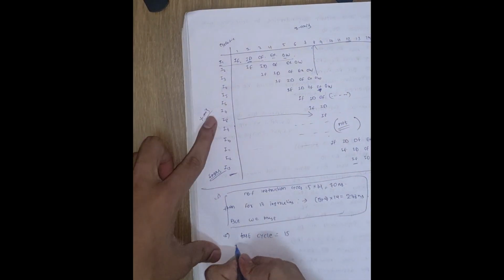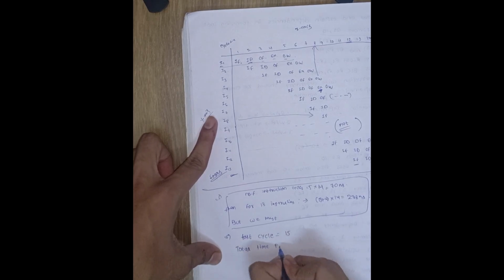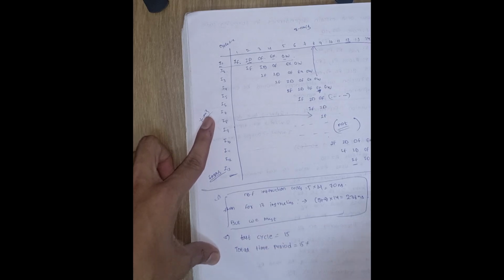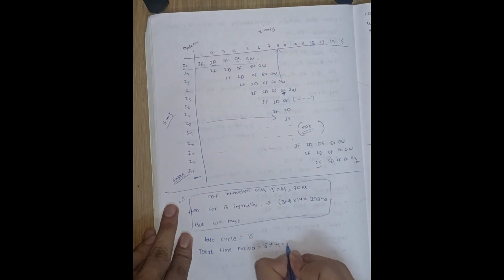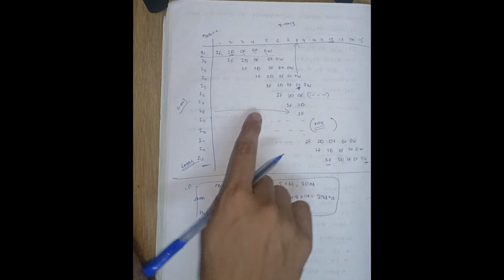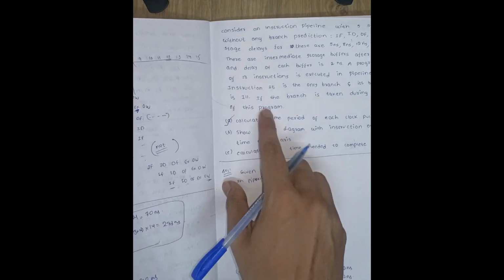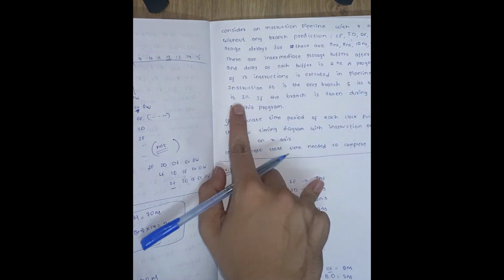So what is the total time period? The last cycle is 15, into the clock period, which we found is 14. 15 into 14 is 210 ns. So this is the total time period. In the question it is shown that instruction I5 is the only branch and its target is I11.